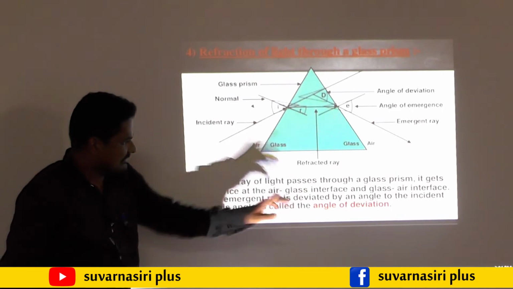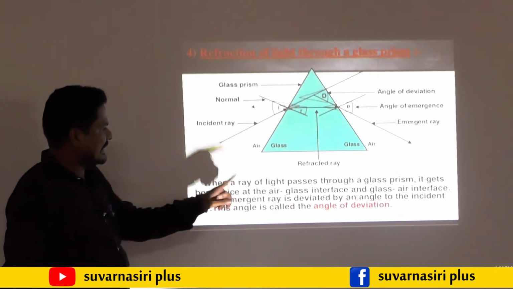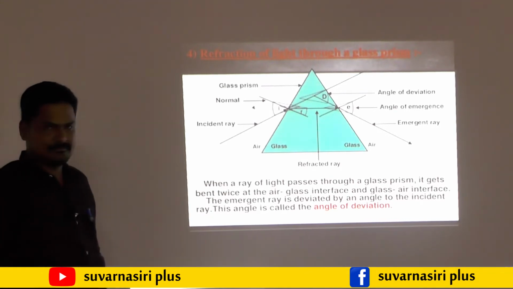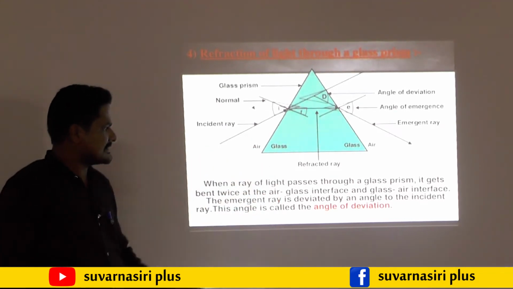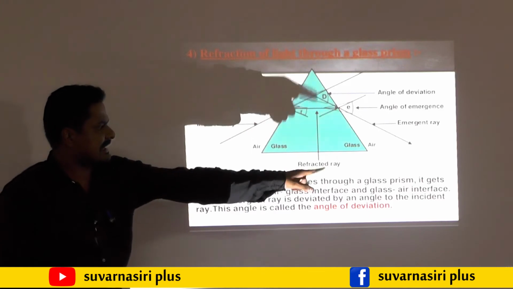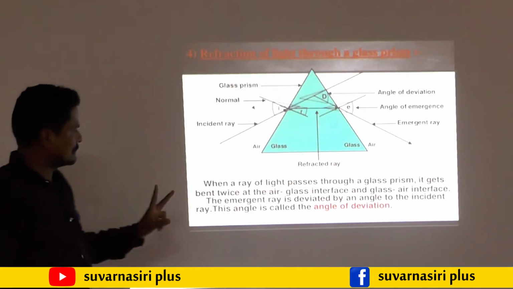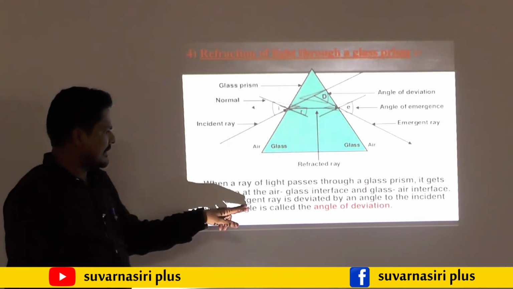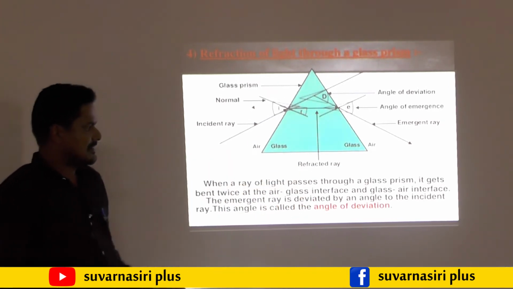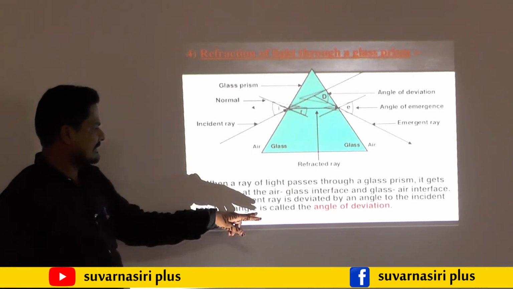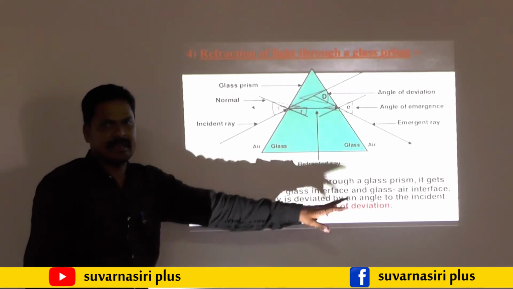When a ray of light passes through the glass prism, it bends twice: air-glass interface, then glass-air interface. So two refractions will happen. The emergent ray is deviated by an angle to the incident ray, and this angle is called the angle of deviation.